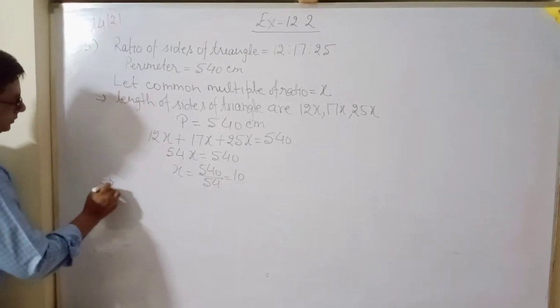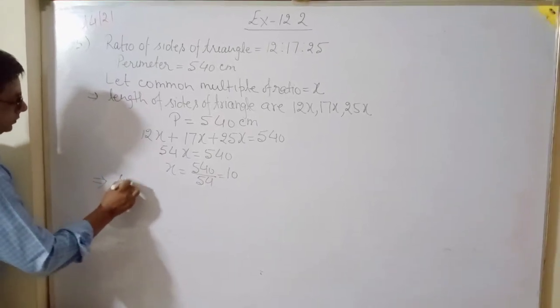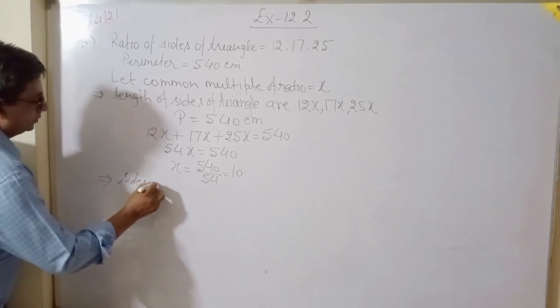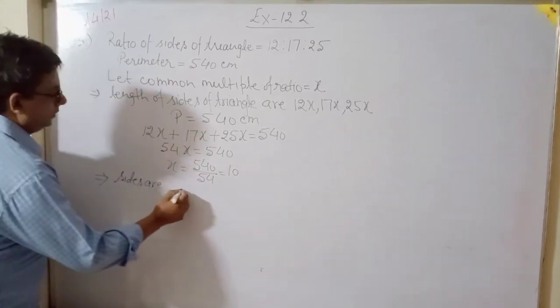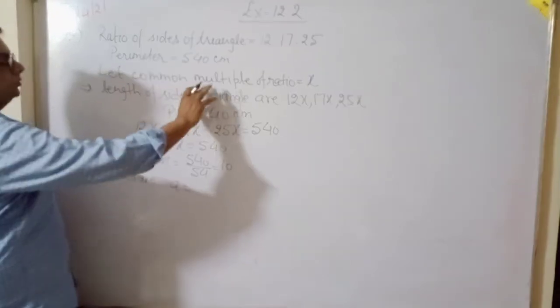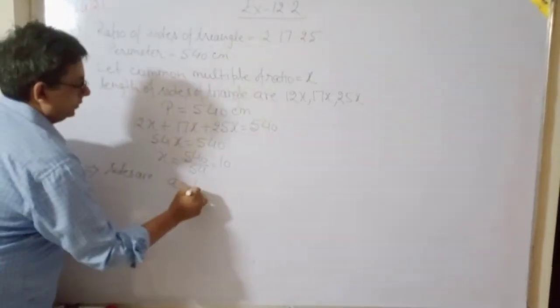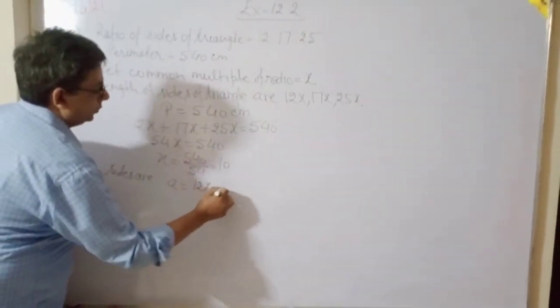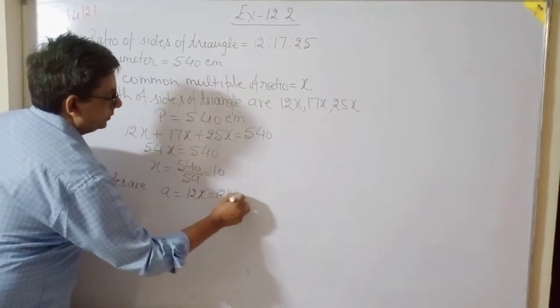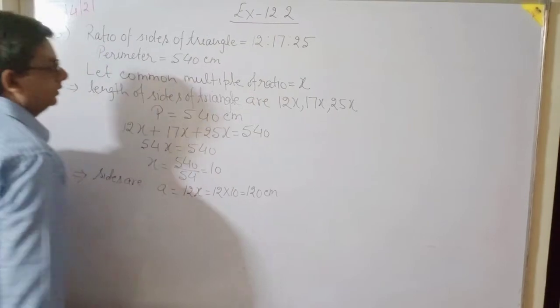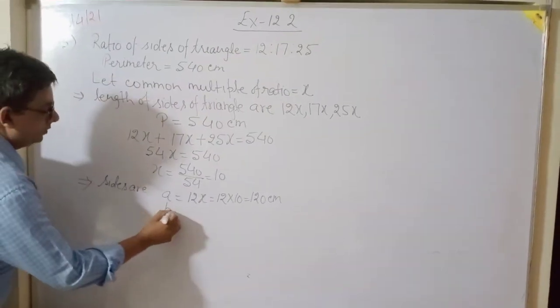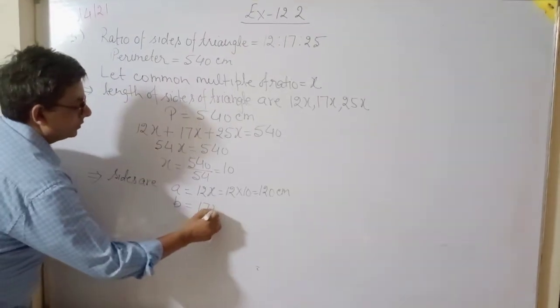This implies the sides, now take ABC. Okay. Suppose A is 12x. So 12 into 10, it will be 120 centimeter. Next one is B. B equals 17x.